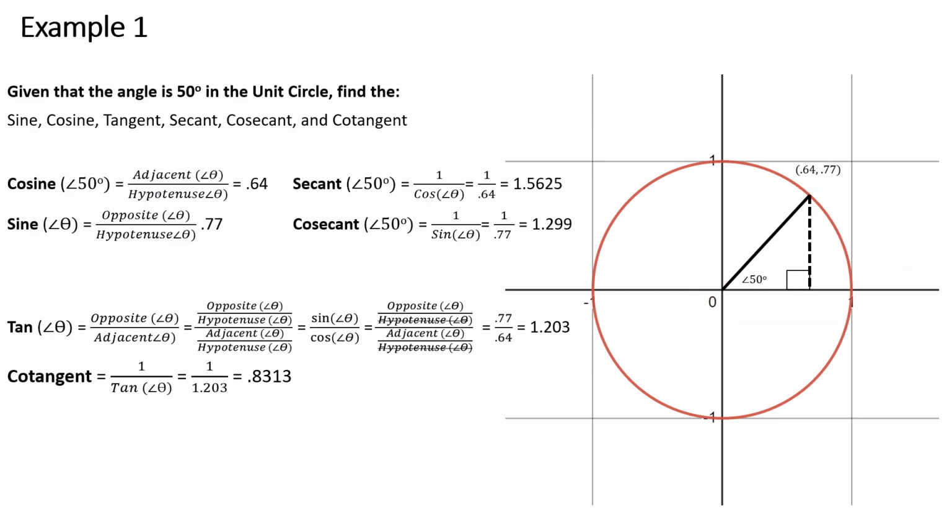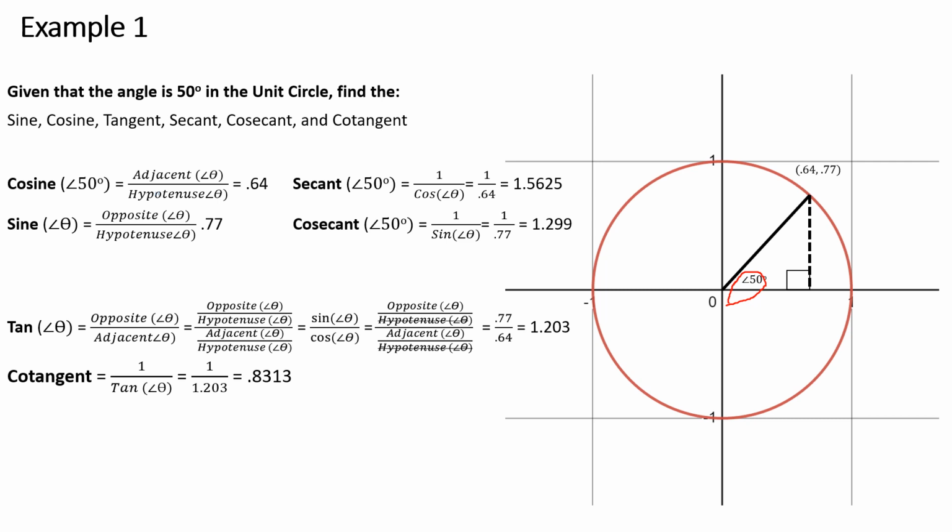The great thing about trigonometry at the unit circle is when we find our sine and cosine, we're actually finding the distance also. If I put in my calculator cosine of 50 degrees, this 50 degrees right here, that angle. And the cosine, remember, is adjacent over hypotenuse.